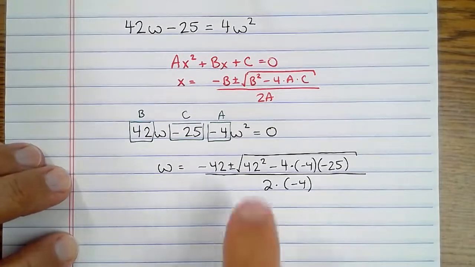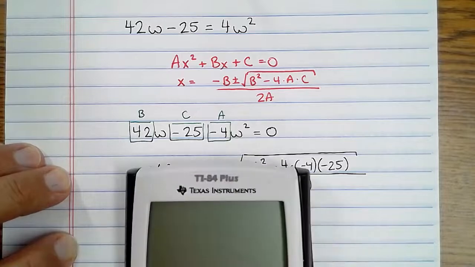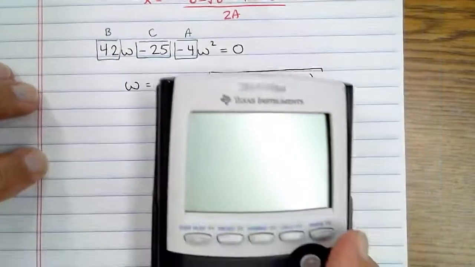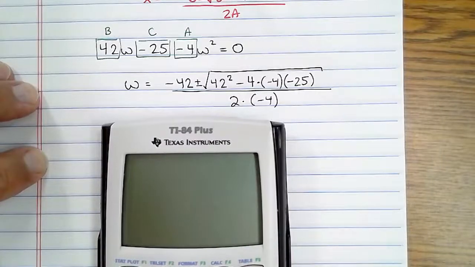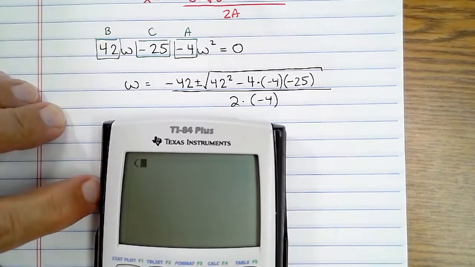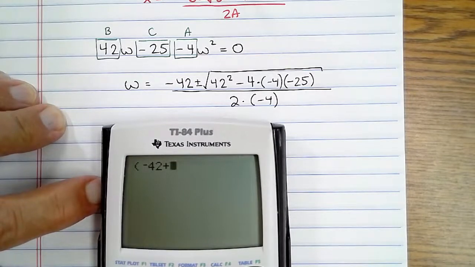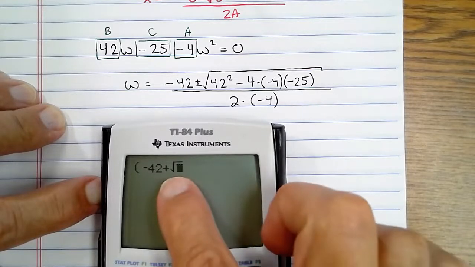So don't use parentheses to multiply. You're going to get yourself really confused. So let me show you how I would do it on my calculator here, okay? I've got a graphing calculator, so I know it's a little easier to see. I'm going to start a parenthesis for my numerator. I'm going to put in negative 42. I'm going to do plus first, then I can come back and do the negative. Then I'm going to start with the square root, and my square root automatically groups.